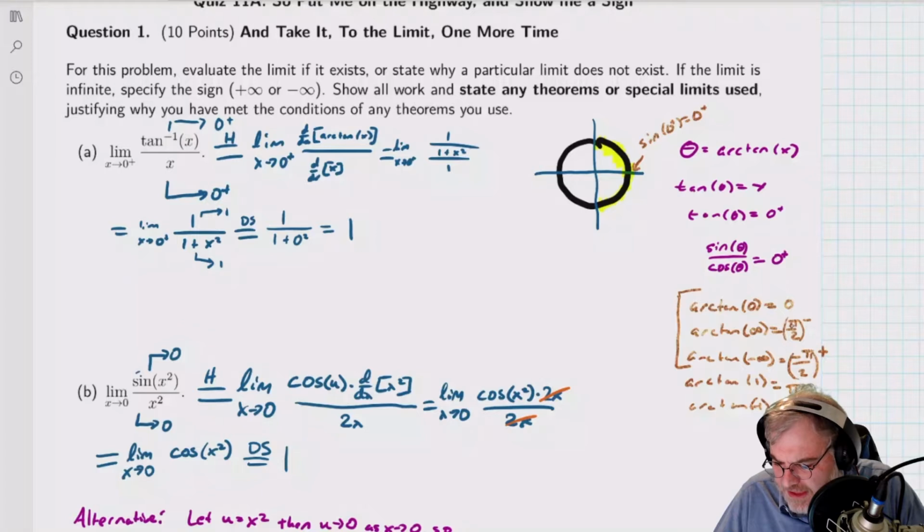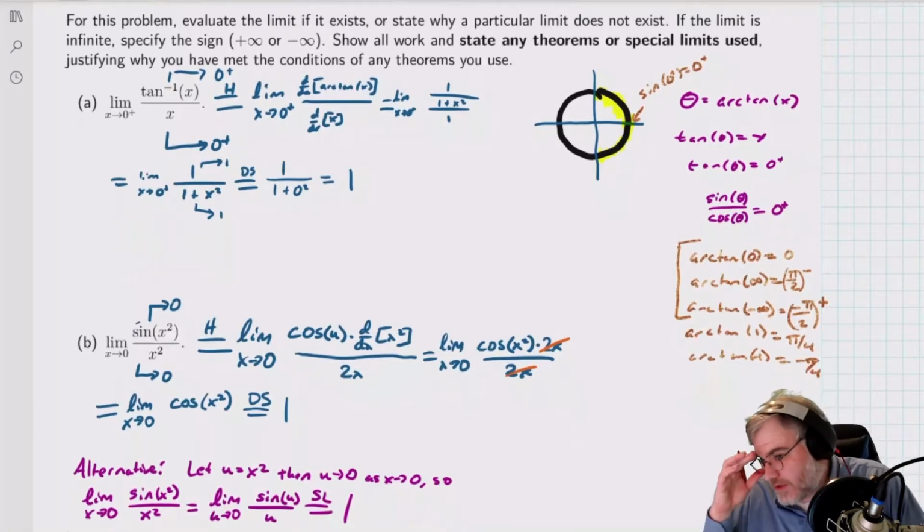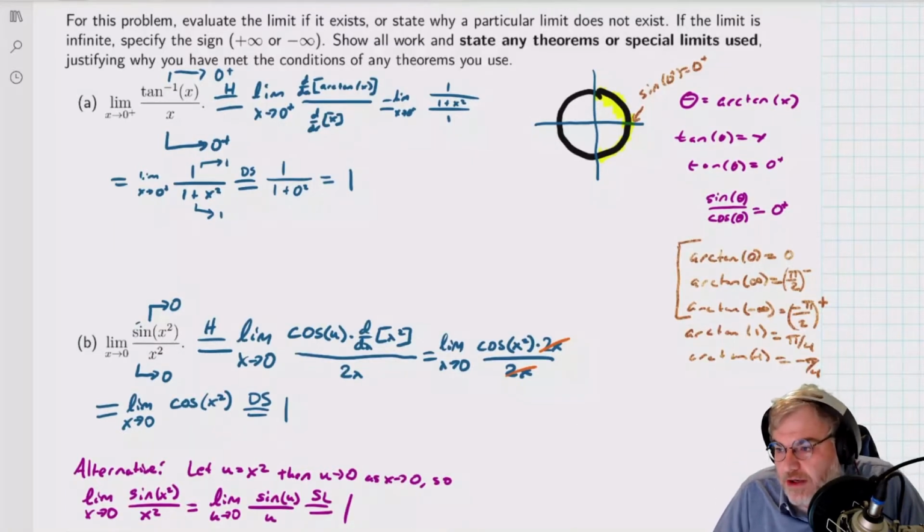Arctan of infinity is pi over 2 from the left. Arctan of negative infinity is negative pi over 2 from the right. Arctan of 1 is pi over 4. Arctan of negative 1 is negative pi over 4. So if you just want to memorize some common arctans, that's what they are. Or you can sit there and reason it out.